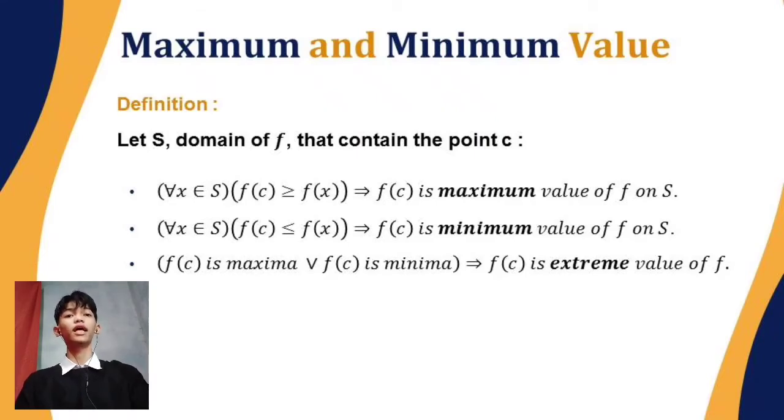The first condition is for any value of x in S, if f(c) is greater than or equal to f(x), then f(c) is a maximum value of f on S. The second condition is for any value of x in S, if f(c) is less than or equal to f(x), then f(c) is the minimum value of f on S. So if f(c) is the maxima or maximum value of f(x), or f(c) is the minima or minimum value of f(x), then f(c) is an extreme value of f.